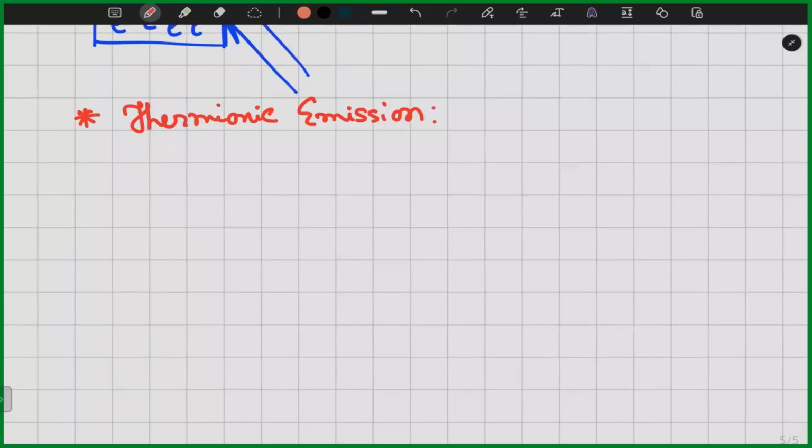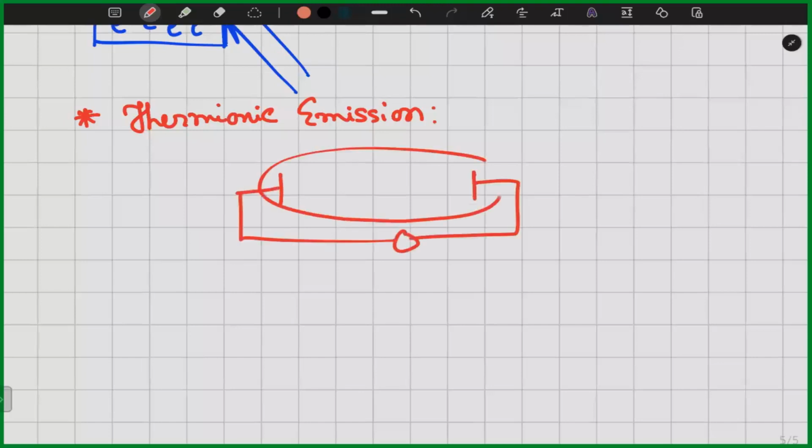If we give sufficient thermal energy to the electron on the metal surface, and there is a deflection in the voltmeter, then we can say that using that thermal energy, the electron escapes from the metal surface and approaches another metal surface, and that's why there is an electric flow. So this is actually thermionic emission.